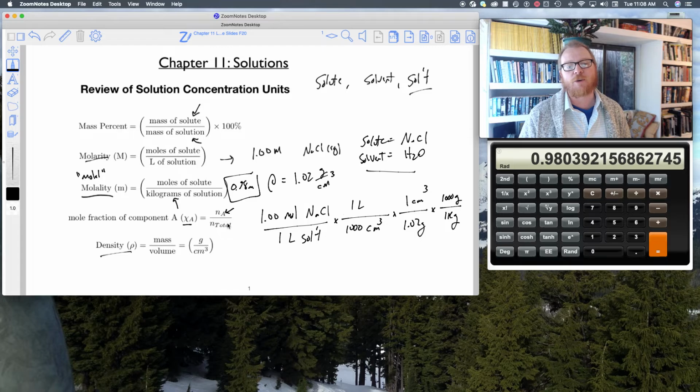But then what I would have to do is calculate the number of moles of NaCl plus the number of moles of water, right? So my total would be the number of moles of species A, the solute, plus the number of moles of the solvent. And I'll have a couple of sample calculations for this coming up, okay?